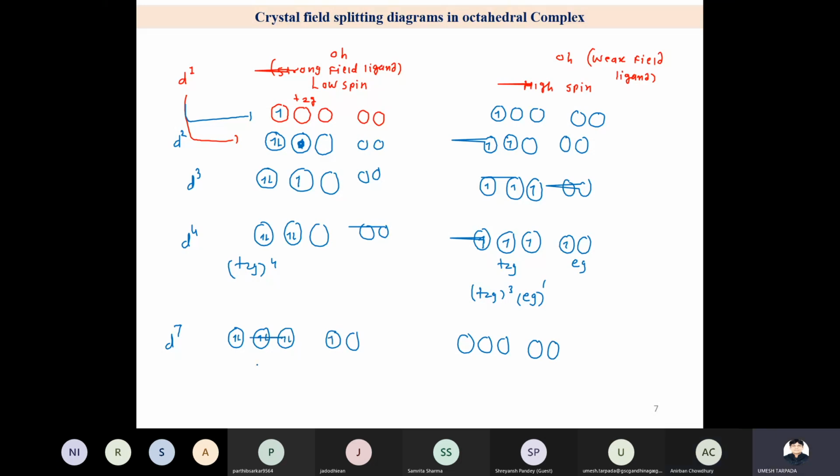So T2G6 and EG orbital having one electron. Here T2G and EG all be filled and the first two orbitals of T2G will be paired. So it's T2G5 EG2.